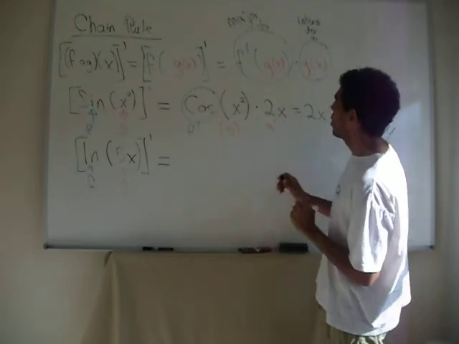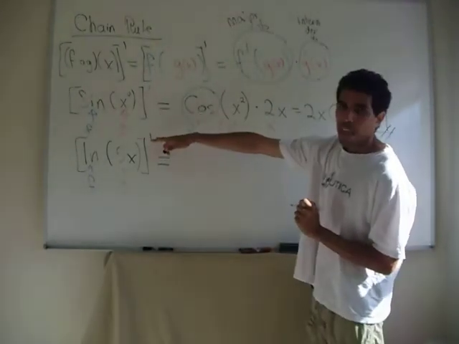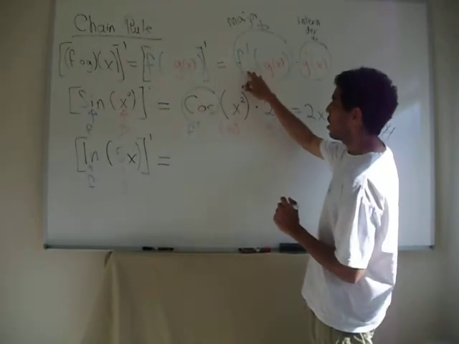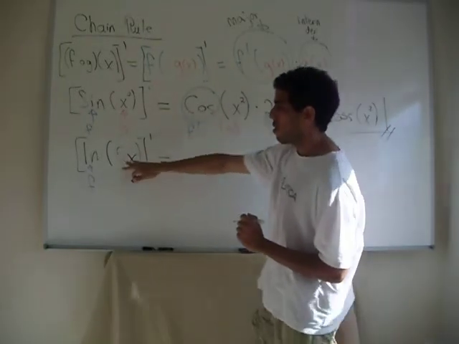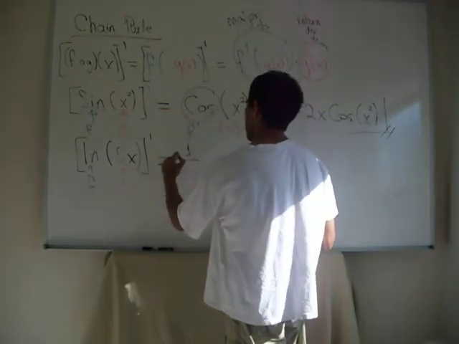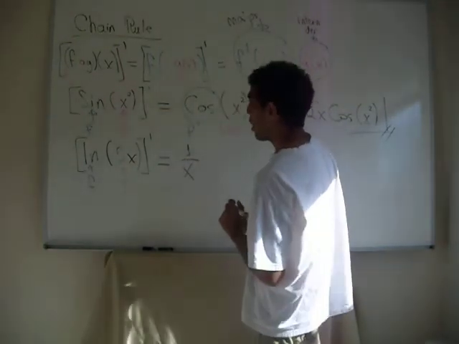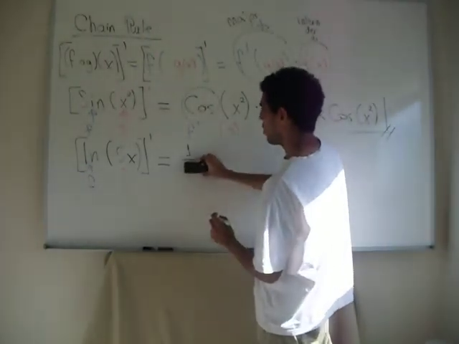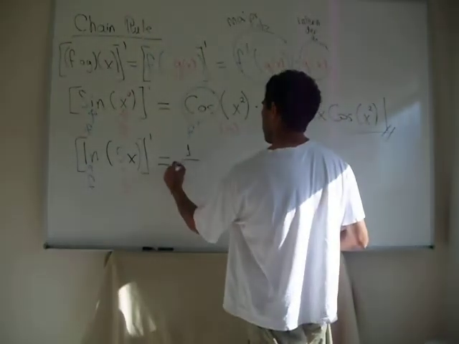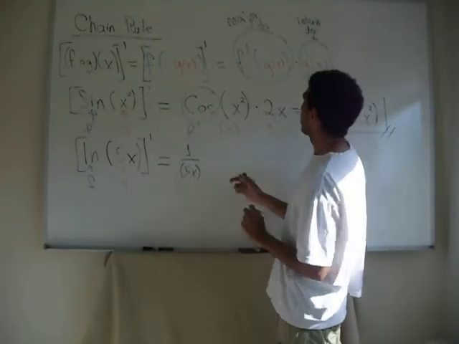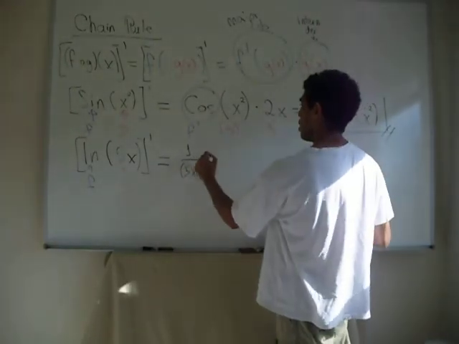The derivative of a composition of functions is the derivative of f. What is the derivative of natural logarithm? 1 over x, evaluated in g, so this x in reality is 5x, times g prime.